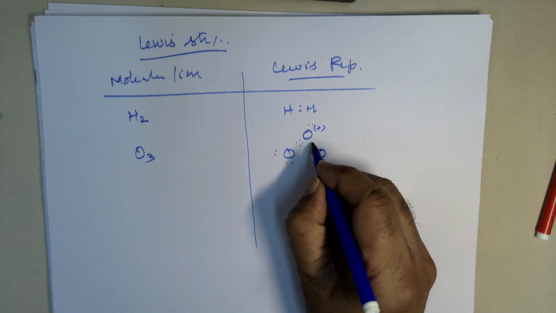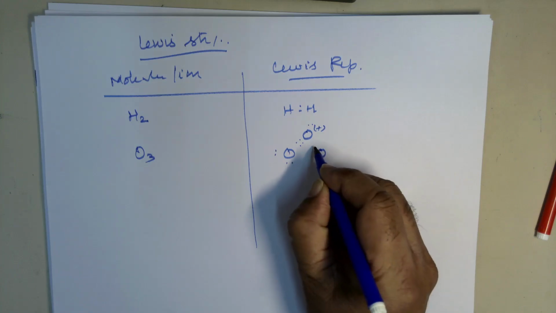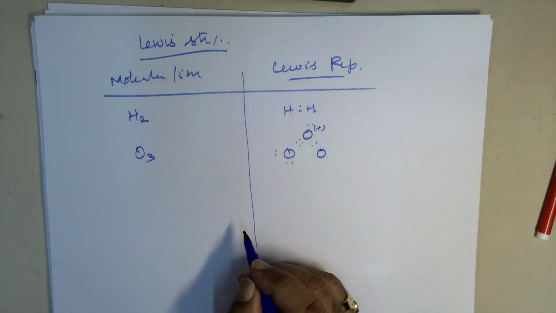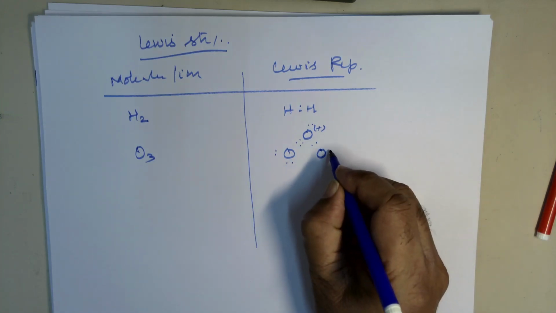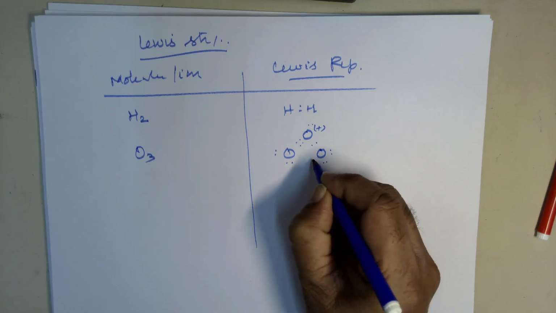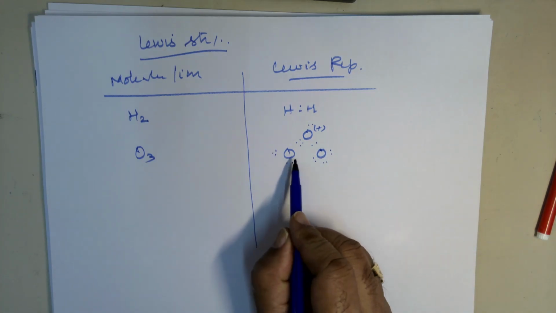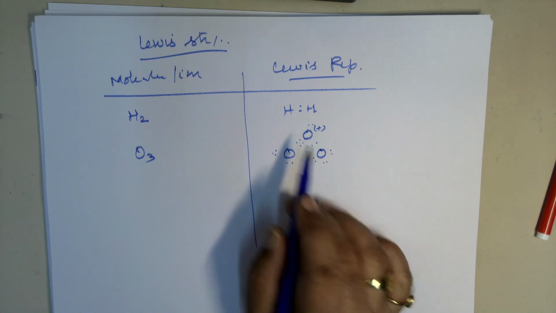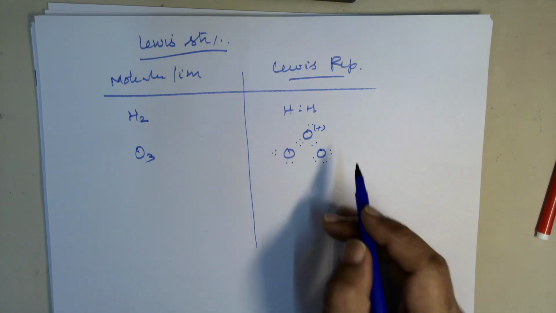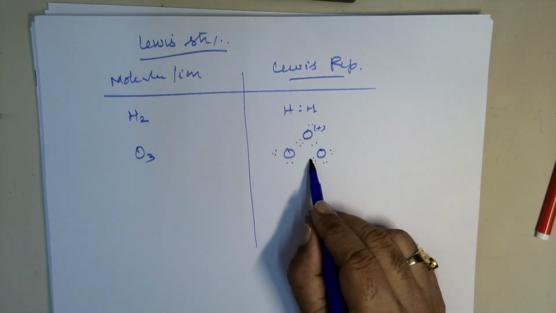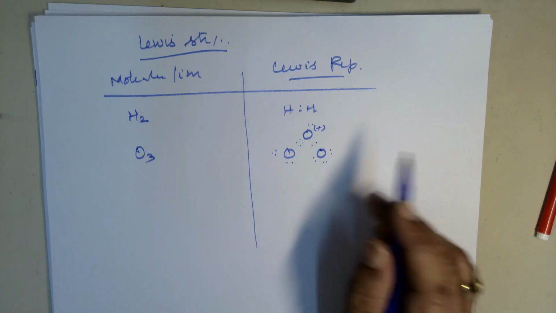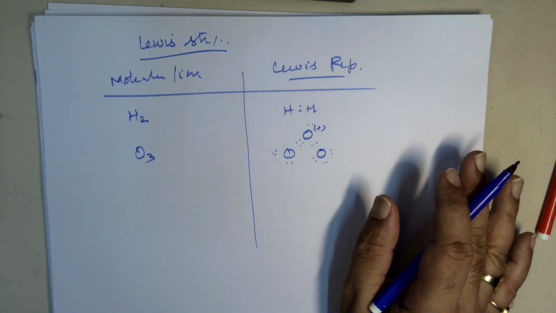And here there is a formation of a single bond. Now you count it: 2, 4, 6, 8. Octet configuration. What about this one, 2, 4, 6, 8? Octet configuration, right?